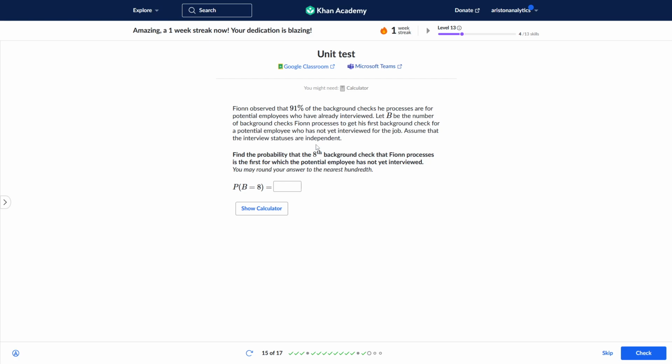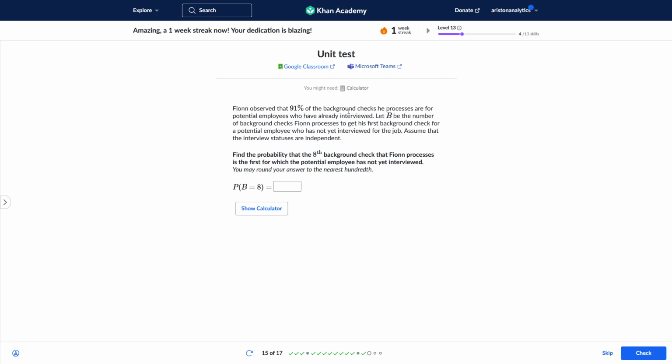Find the probability that the 8th background check is the first for which the potential employee has not yet interviewed. Okay, so 91%. This can also read as 9% have not yet been interviewed.